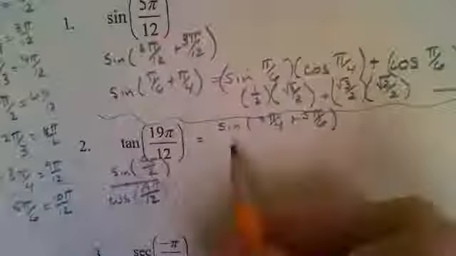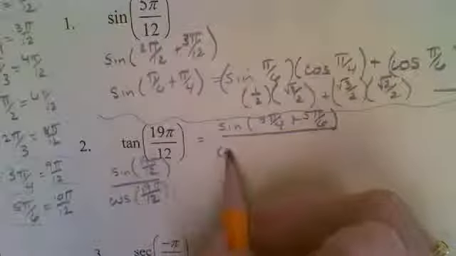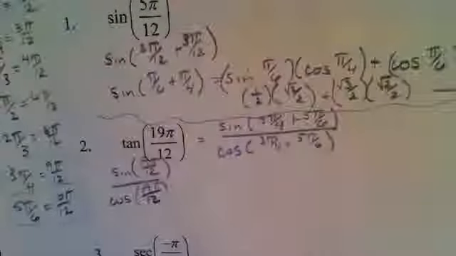So I'm going to again have the sine of that on the top, and the 9 pi over 12 is really 3 pi over 4, so I'm going to write that 3 pi over 4 plus 10 pi over 12 would be 5 pi over 6. So I'm going to take the sine of that alpha plus beta, divide it by the cosine of that alpha plus beta. And you're right, I didn't give you enough room for this one.